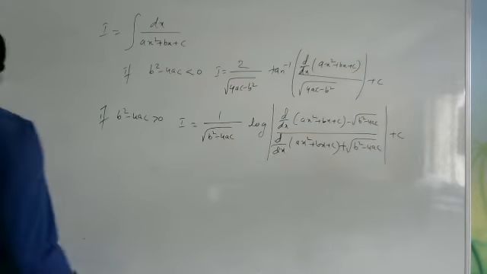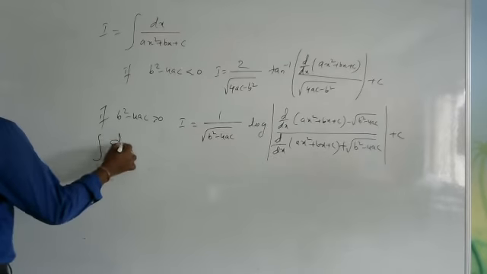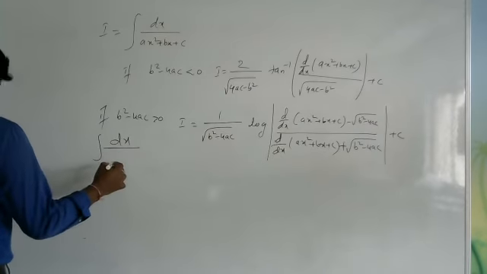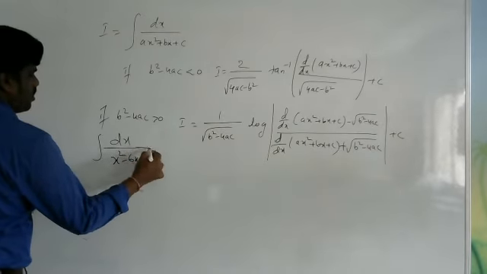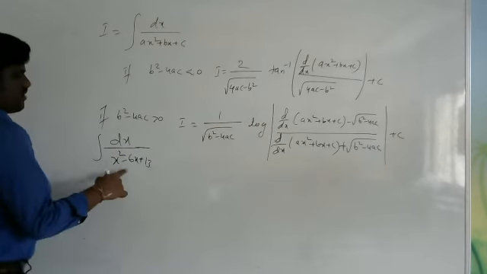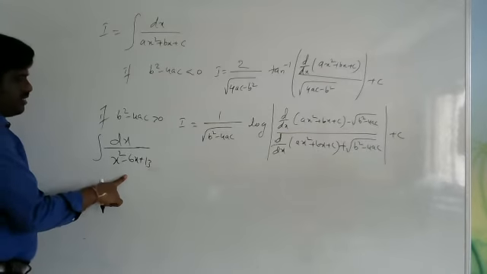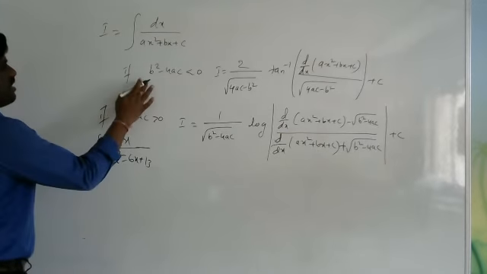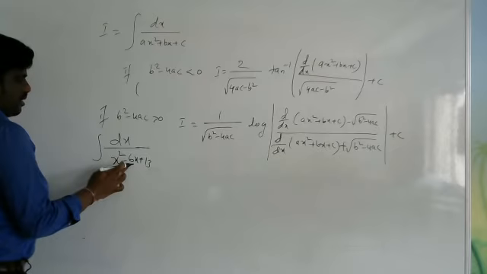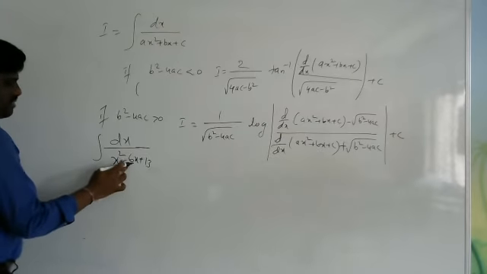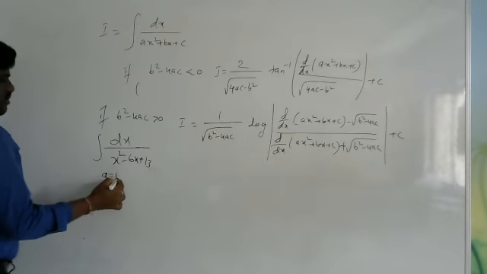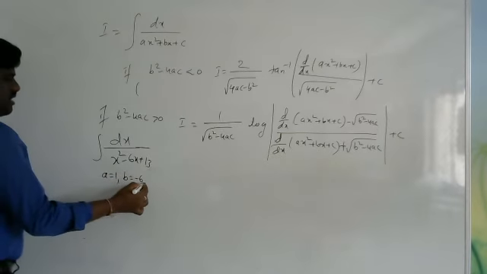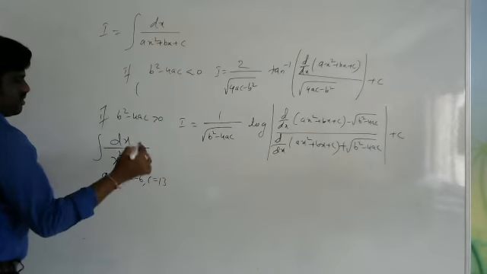Okay, sir. Integration of dx upon x square minus 6x plus 13, you want to solve according to this. So first you have to find b square minus 4ac. Comparing, a is equal to 1, b is equal to minus 6, c is equal to 13.